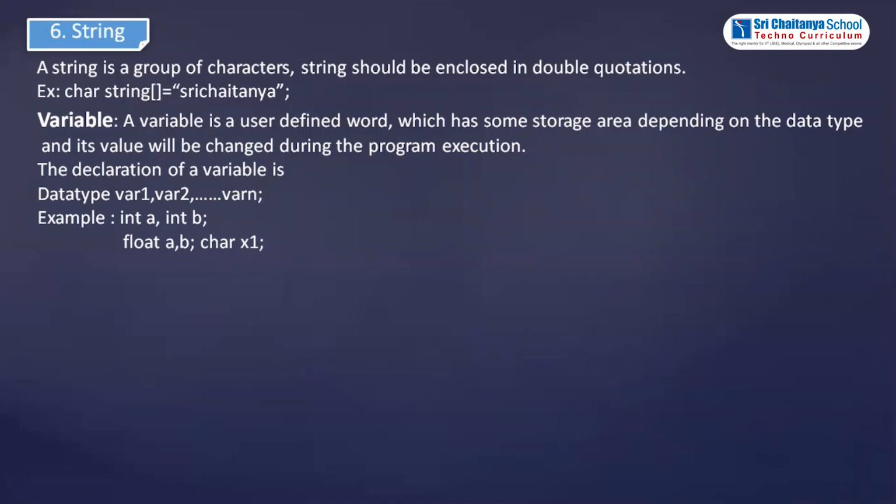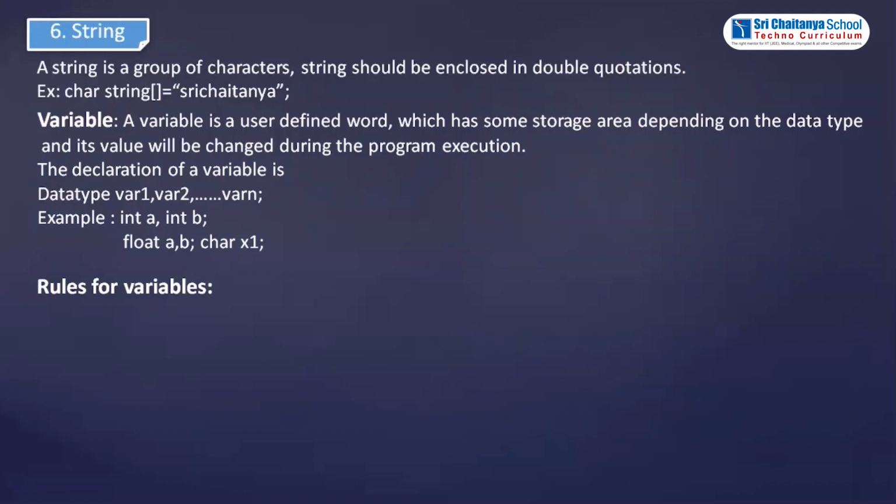The declaration of a variable is data type followed by variable names. These variable names are otherwise called your identifiers. For example, int A, int B. We will be learning about the data types in the next slide.